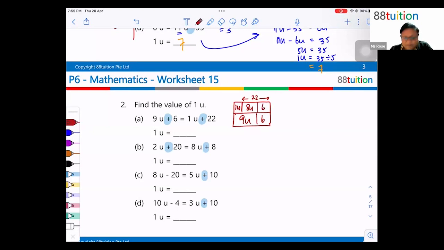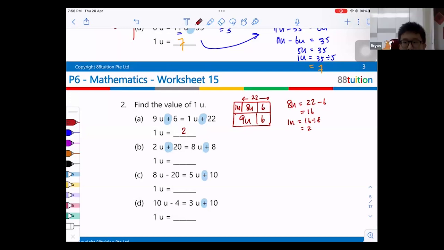Now, what do you see? 22 minus 6 equals 8 unit. Very good. So that means 8 unit is equal to 22 minus 6 to give me 16. So 1 unit will be 16 divided by 8 to give me 2.